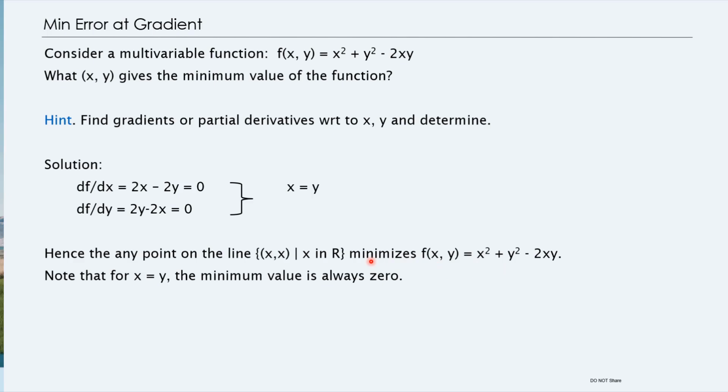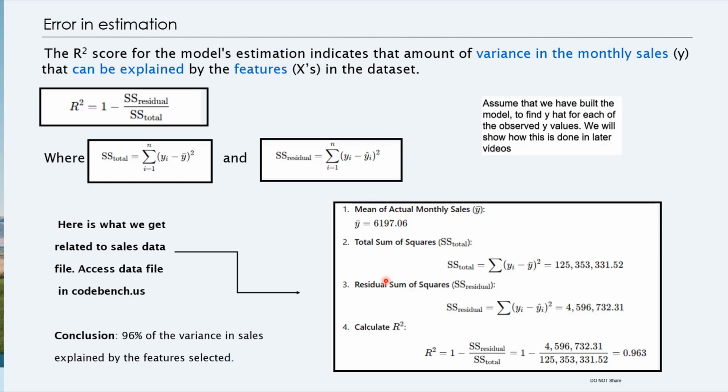Here's the coolest part. When x equals y, the function's value is always 0. By exploring the gradients and partial derivatives, we can pinpoint the point that achieves the minimum error, right at the gradient sweet spot. This approach showcases how gradients guide us to the minimum point, giving us valuable insights into error reduction.